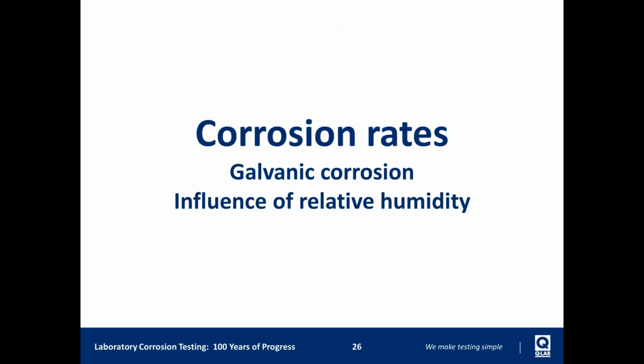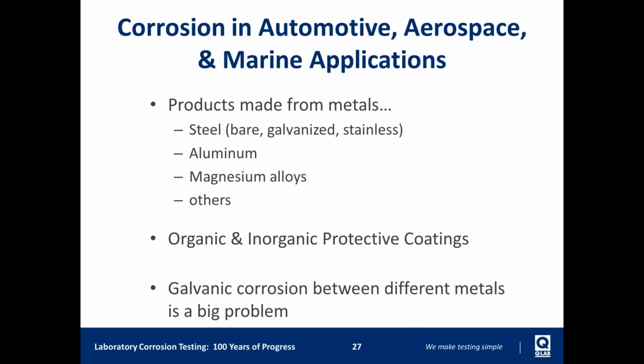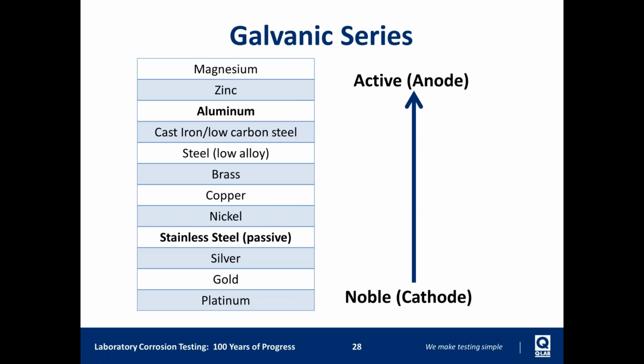galvanic corrosion and the influence of relative humidity on that corrosion. When we say galvanic corrosion, we're talking about corrosion that occurs between two different metals. In this galvanic series, one metal will become the anode and one will be the cathode.